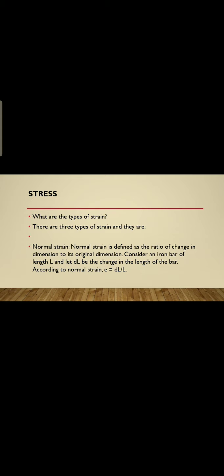Consider an iron bar of length L, and let dl be the change in the length of the bar. So according to the normal strain, E is equal to dl divided by L.